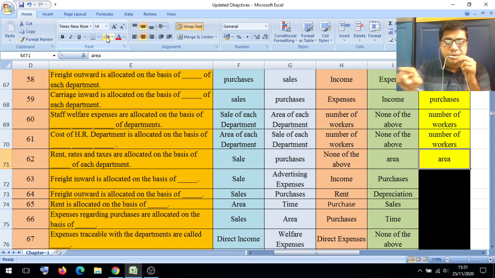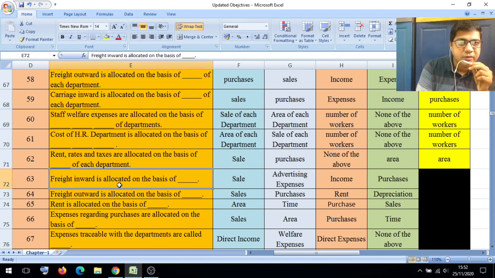So on the basis of how much area the tenant has occupied, we allocate the expenses. It may be 100 square feet or 200 square feet. It depends on the area. On the basis of area, they will allocate the expenses of rent, rates and taxes.